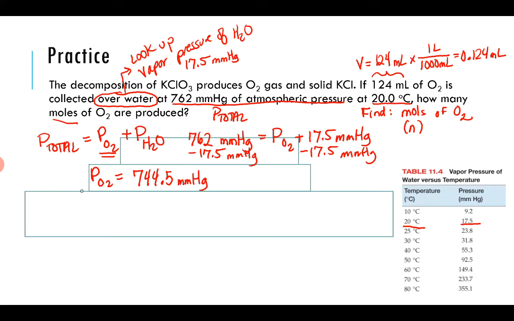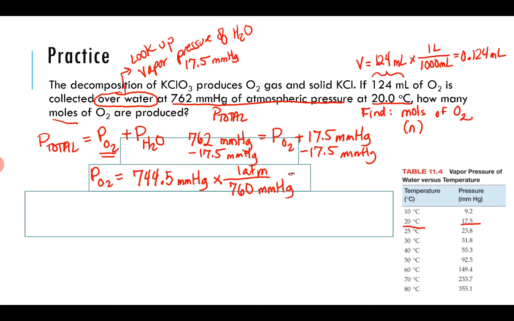Next, I'm going to convert that into atmospheres because I don't have my yellow sheet with me, and so I don't know the R value with millimeters of mercury off the top of my head. And so I'm going to convert that to atmospheres so that I can plug this into the ideal gas law with an R value I know.